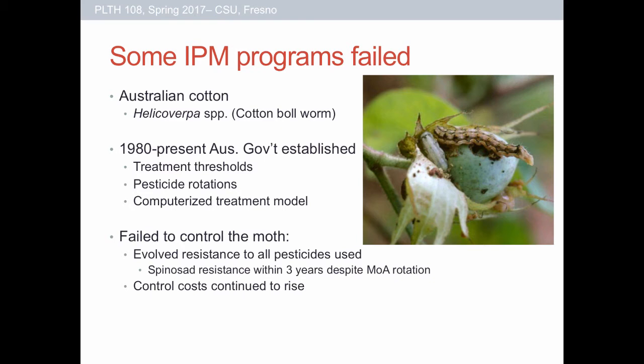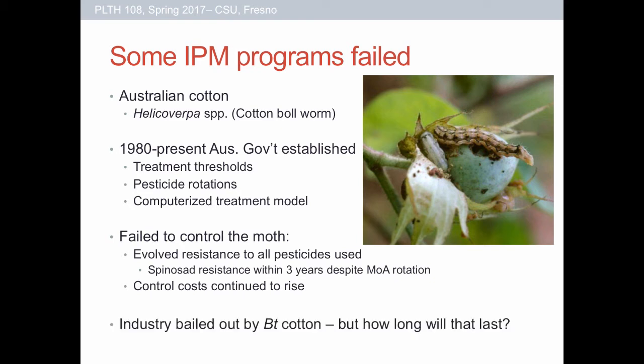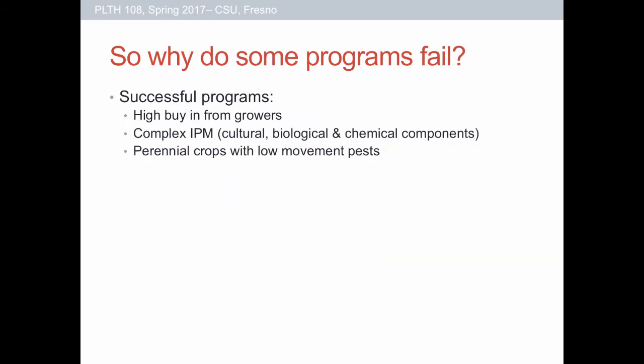Yeah, Bt, right? In the late 90s, Bt rolled along and basically bailed out the whole industry. They rolled it out, and the Helicoverpa problem disappears. But essentially, had Bt not come along, they would still be out of luck. So IPM really failed to solve the problem in this case.